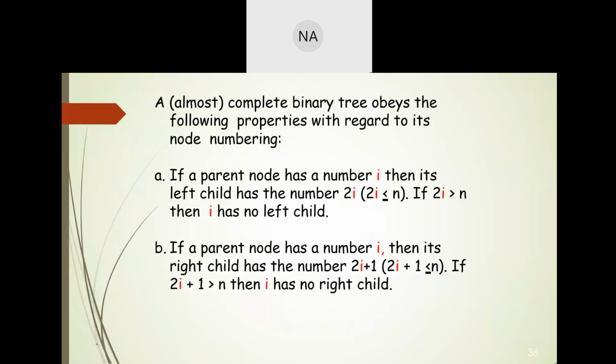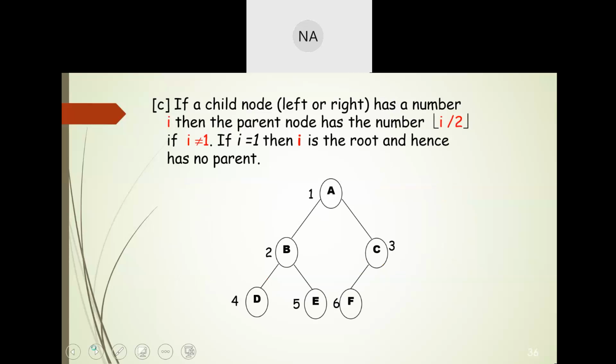An almost complete binary tree and also the complete binary tree obey the following properties with regards to node numbering. That is, the nodes of a complete binary tree and the nodes of an almost complete binary tree can be numbered in this fashion. You number the root of the tree as node number 1.